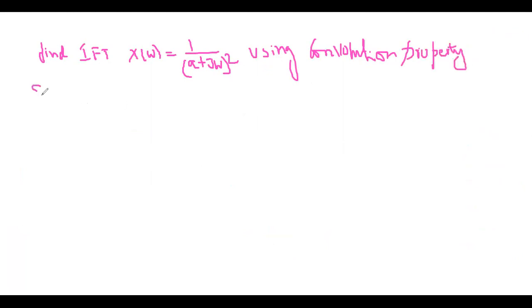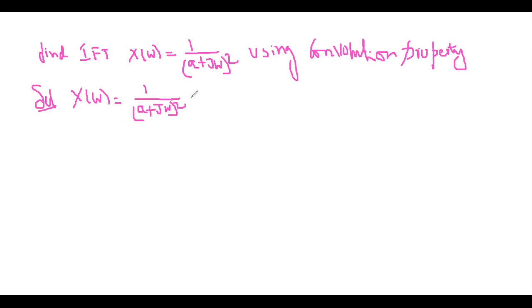Okay, my dear students. Now see, the x of omega is equal to 1 by a plus j omega whole square.